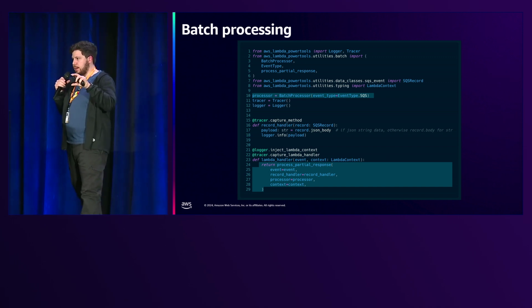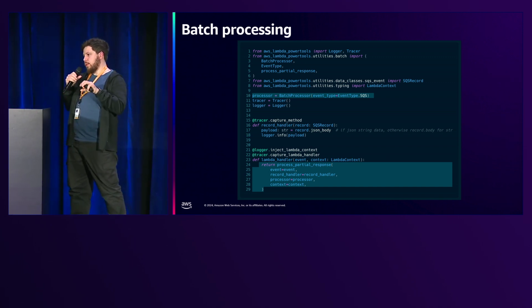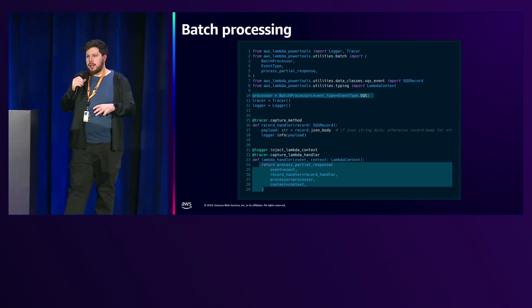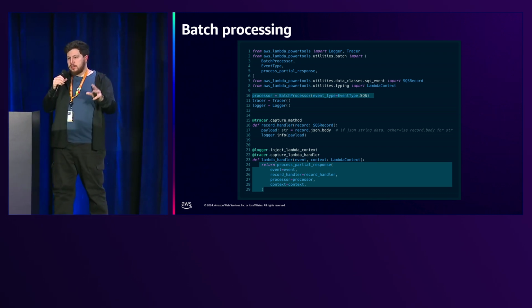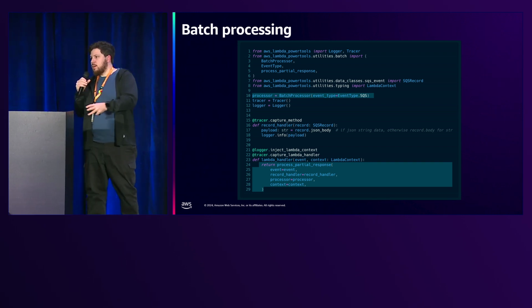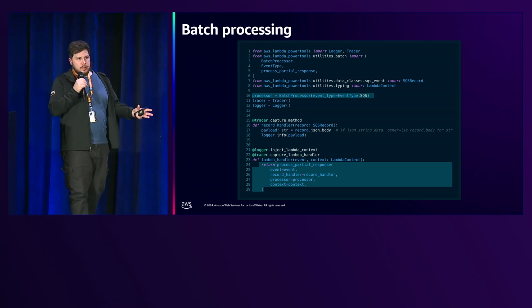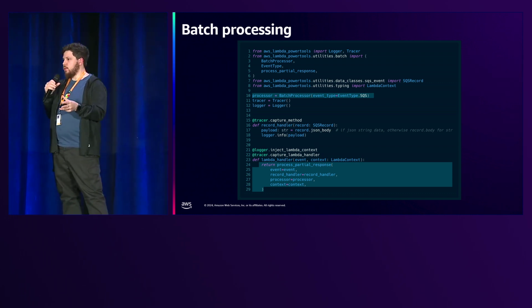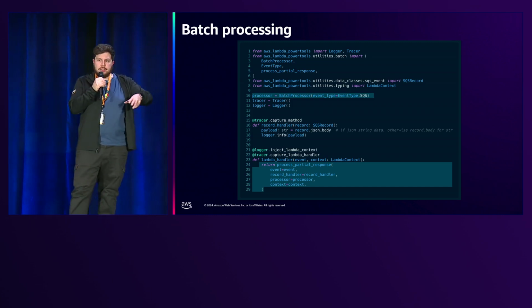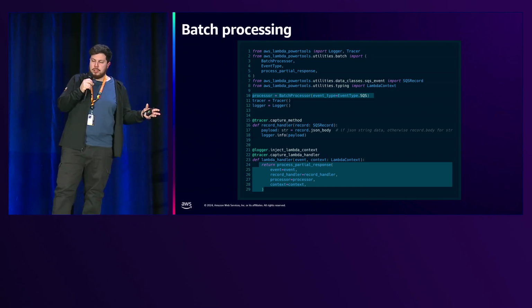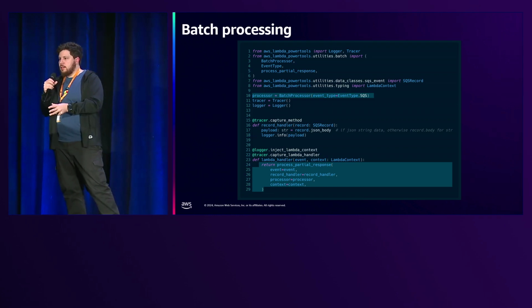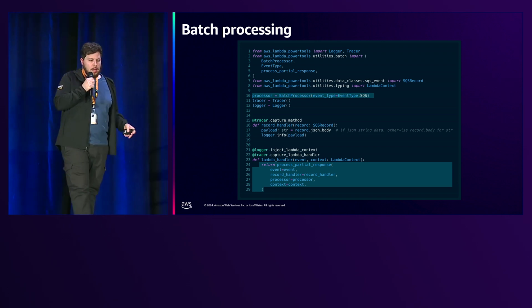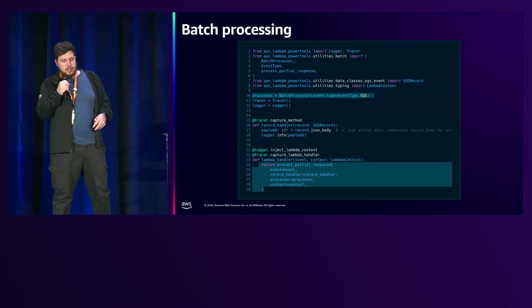This is my business logic that processes those items, and I don't care about anything else. Just call this function for each one of those objects. If my function returns successfully, you can consider this object as successfully processed. If my function raises an exception, this item has failed, and you need to put it back in the queue. And this is what batch processing essentially does for you.